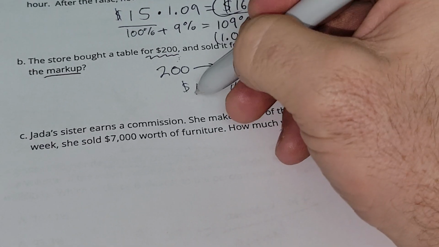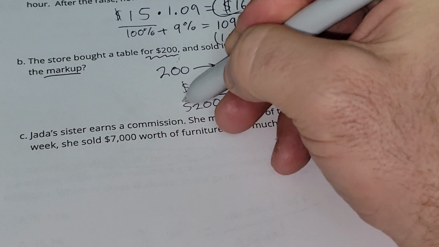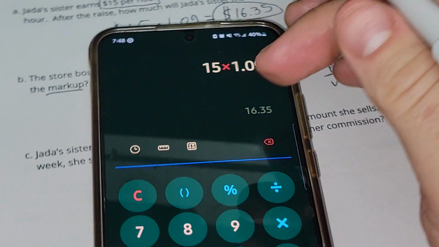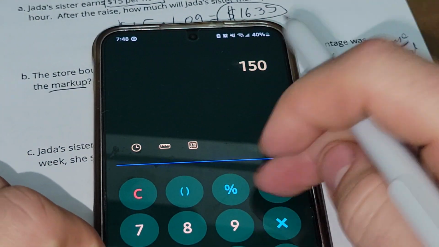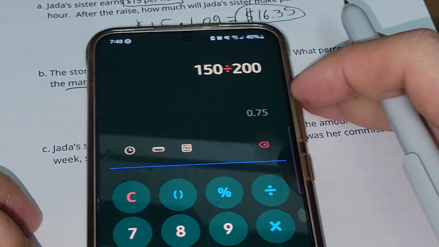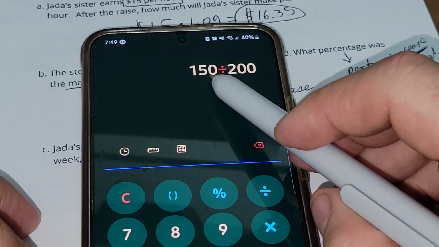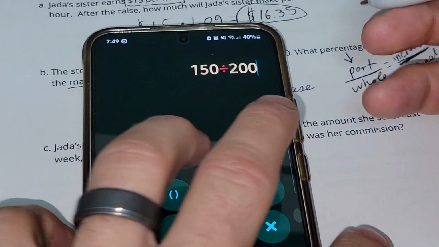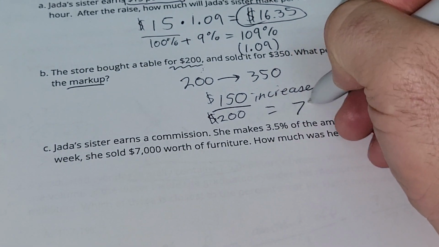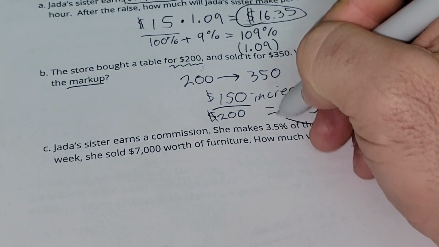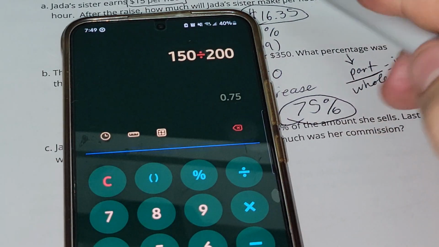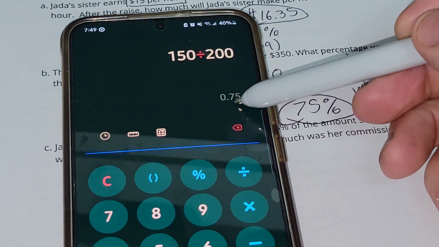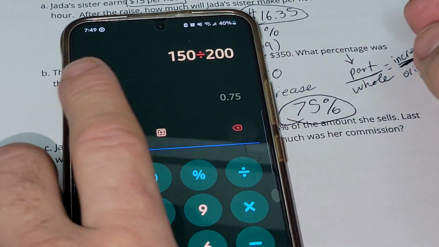So that's $150 increase divided by our $200 original. In other words, this is saying 150 is what percent of 200? It's 75%. Remembering, again, that when you solve percentages in your calculator, that decimal is going to move twice to be 75%.